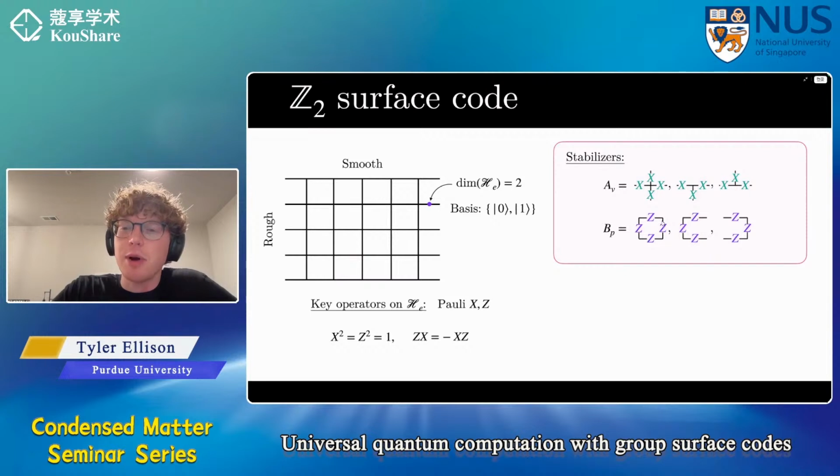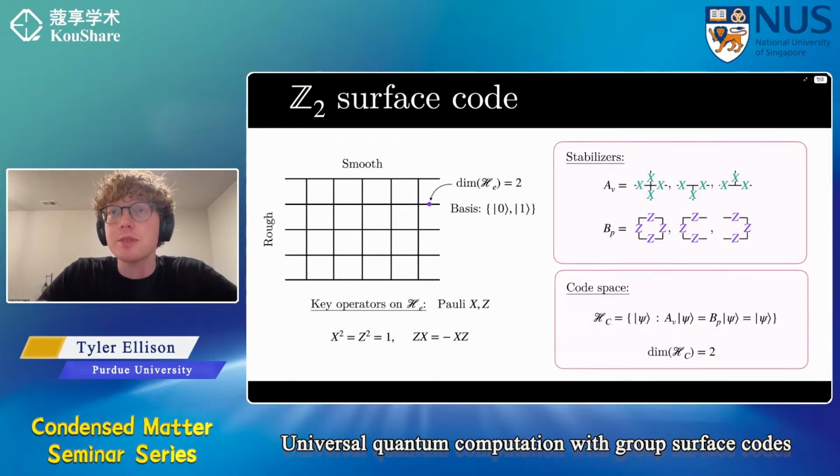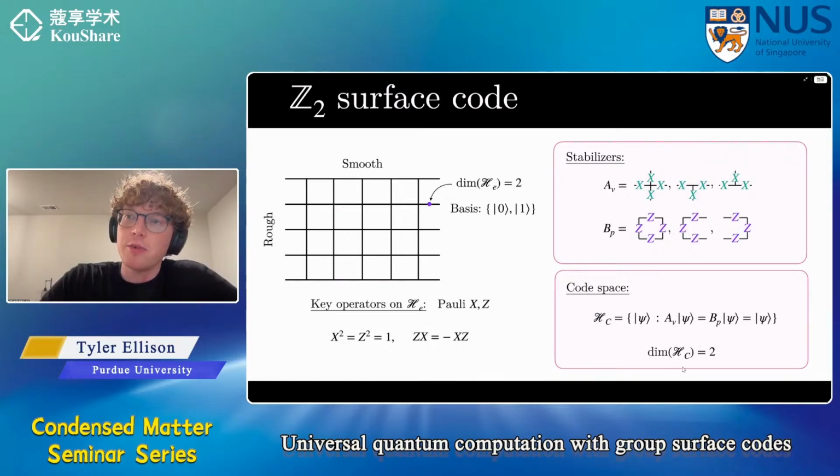These are a product of Pauli Z operators around a plaquette or a partial plaquette on these rough boundaries. The code space where we'll store information is defined as the set of states which are stabilized, or invariant, under A_V and B_P. And you can check, I'll prove this more generally for group surface codes in a moment, that the code space has dimension 2.